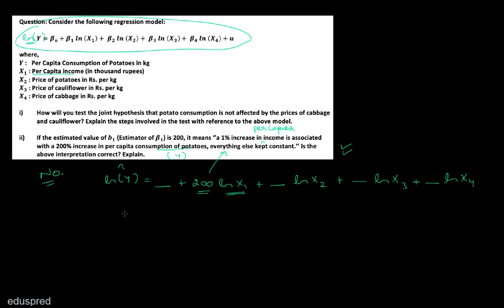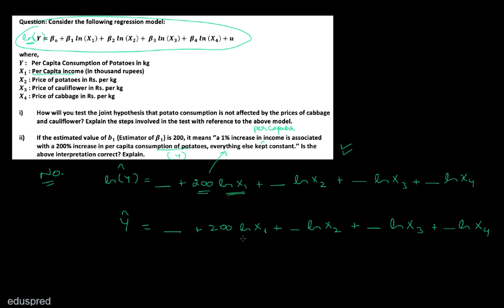So the equation that we have now is y hat equal to something plus 200 log of x1 plus something log of x2 plus something log of x3 plus something log of x4.